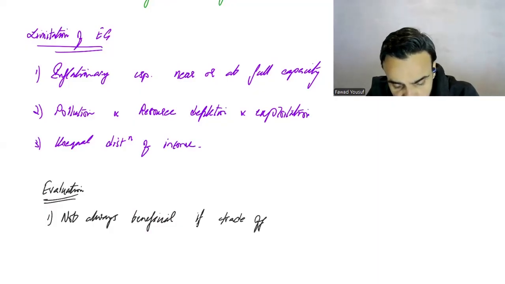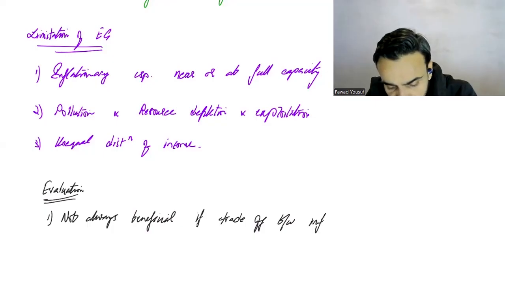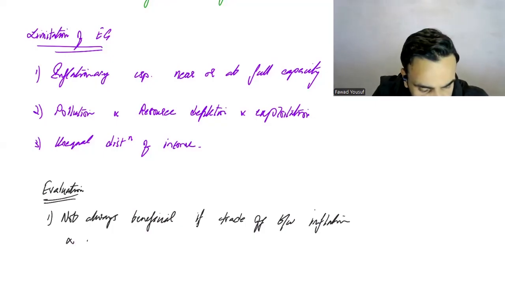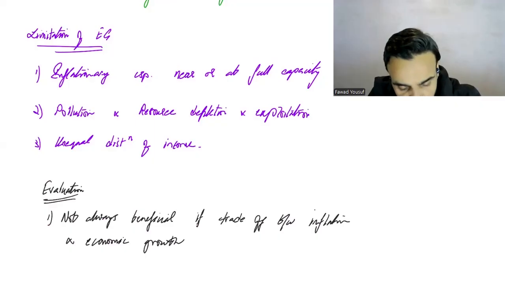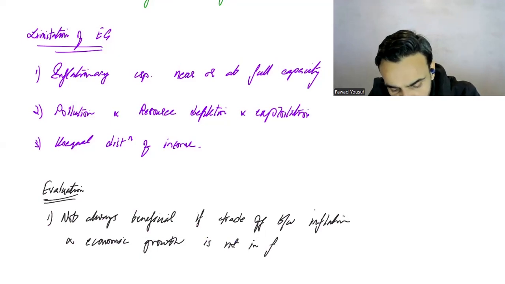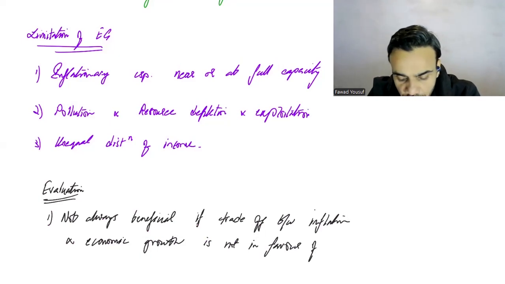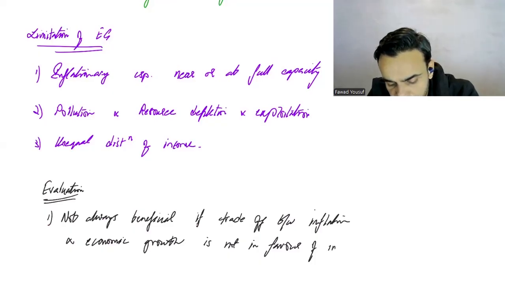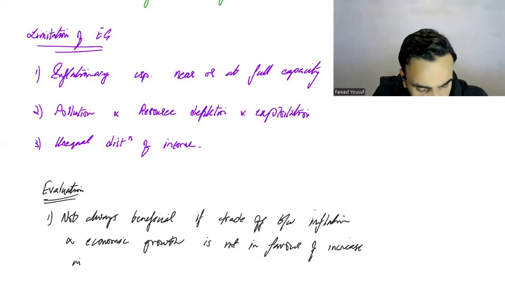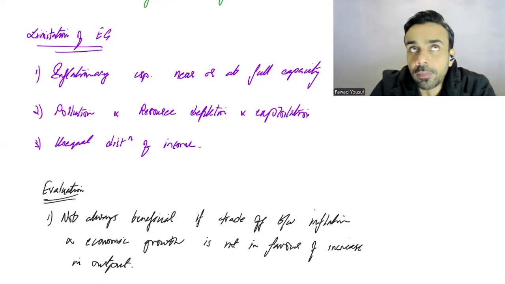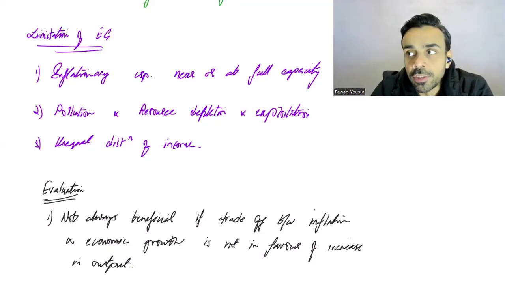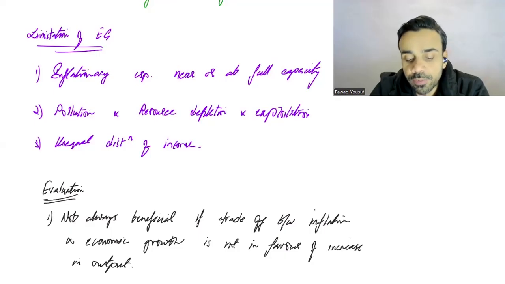If the trade-off between inflation and economic growth is not in favor of increase in output. I think I just made it complicated, but simply what I mean to say is, you know how when economic growth happens and AD shifts to the right, if you're at full capacity, it's going to be more inflationary and output's not going to increase much.